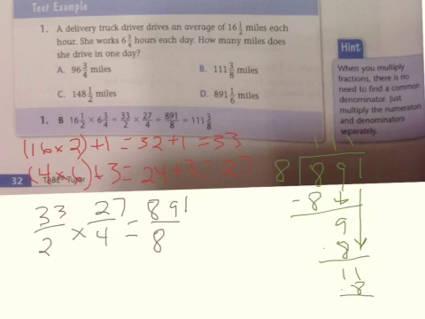And then that's going to give us a remainder of 3. So our answer, when we rewrite this, is 11 3/8.